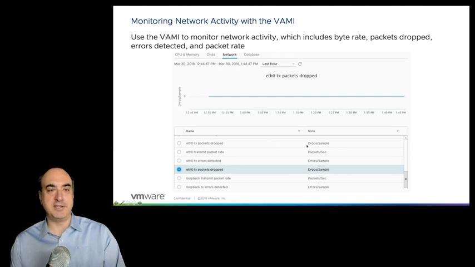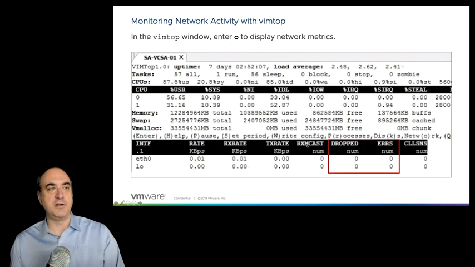So monitoring networking activity, we can check that from the VAMI. In that same monitor section, we drill over to the networking tab and view all the different networking statistics. Certainly we want to watch out for dropped packets on the vCenter server's virtual NICs as well. And we can also monitor network activity from the vimtop utility. This is with the letter K, right?